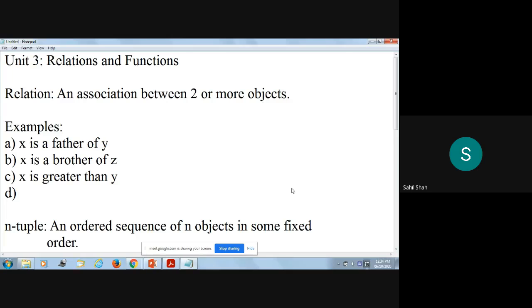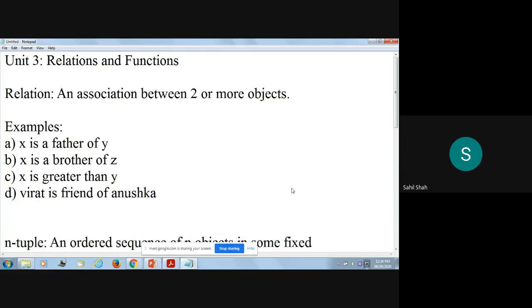There is some purpose why I am writing this. Virat is friend of, for example, E. What to say?